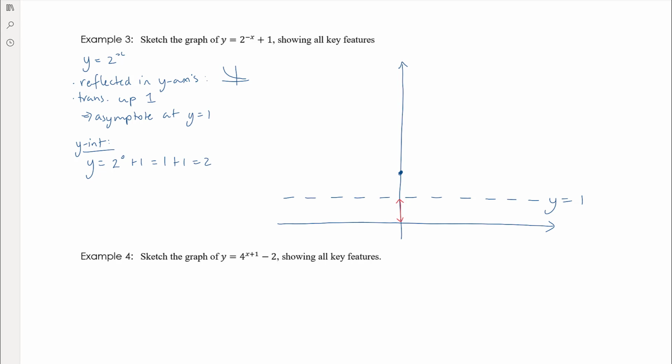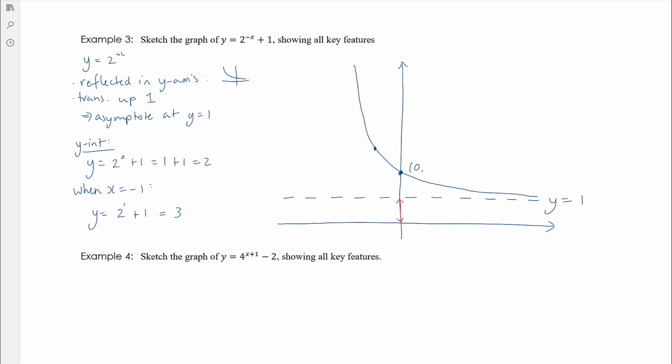I'm going to need another point. So maybe when x is -1, just because otherwise we'll have fractions. So we've got y equals 2 to the power of -1 plus 1, so that's going to be 3. So we're going to have (-1, 3). Okay, and then we want to draw in our shape, decreasing exponential because of the reflection in the y-axis.